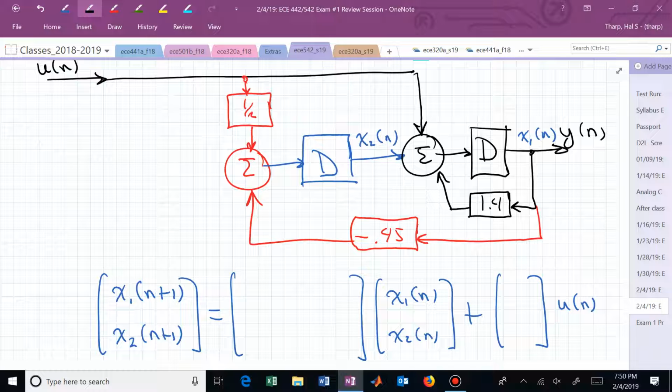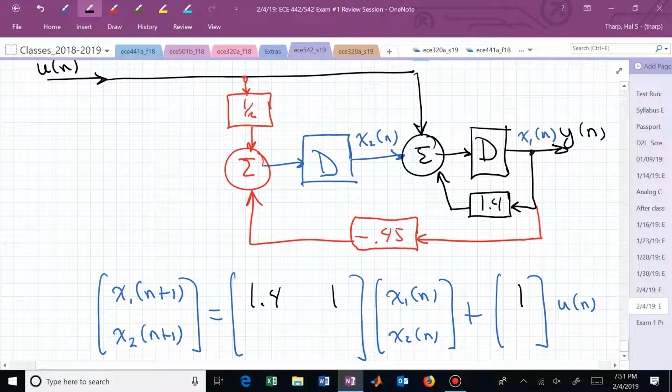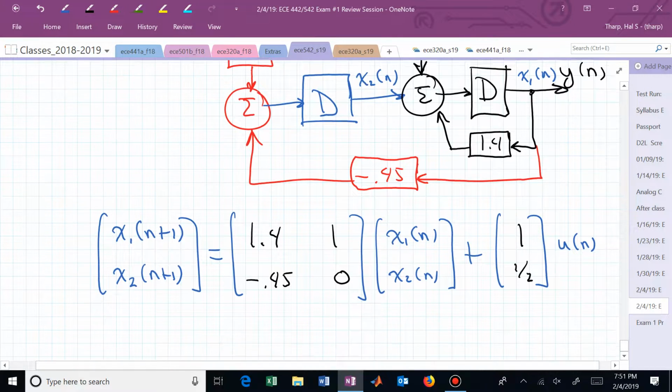That's the output signal of the rightmost summing junction. That's x1 of n plus 1, and I just have to add up all the input signals. One of those input signals is u. Another one is x sub 1 of n, and the other one is 1.4. X sub 2 is now 1/2 and minus 0.45. What's y?